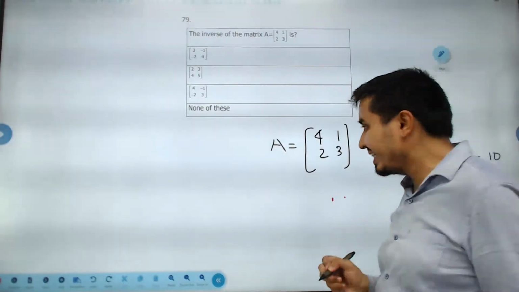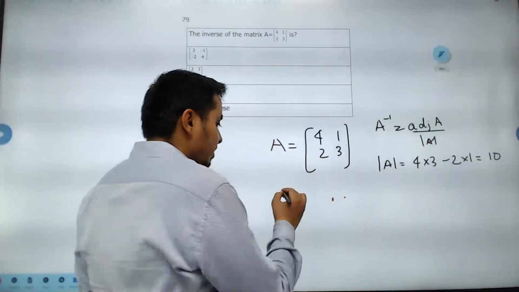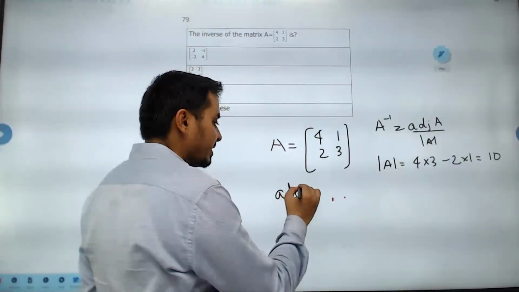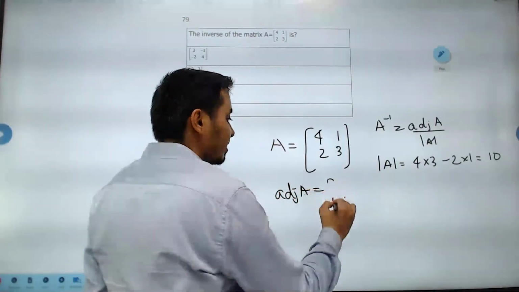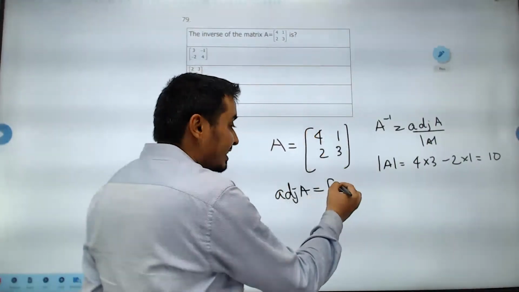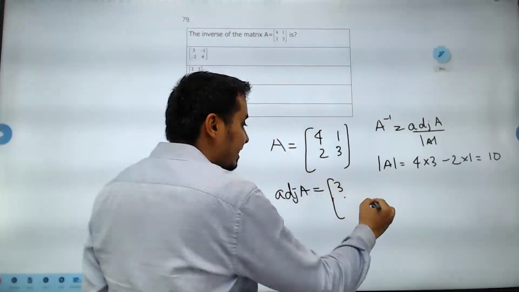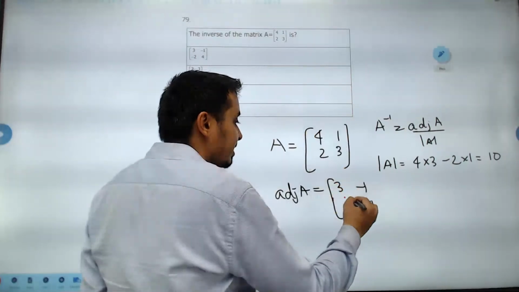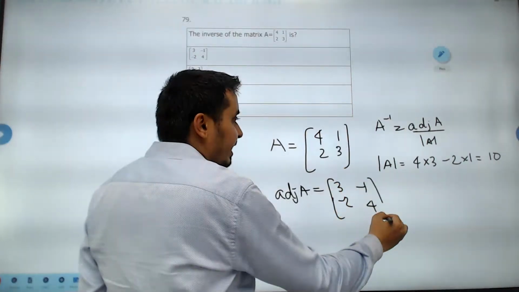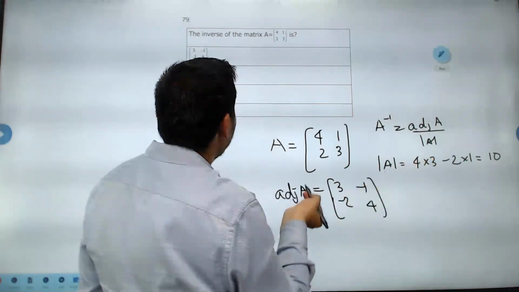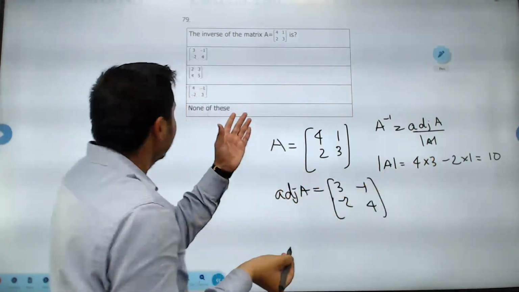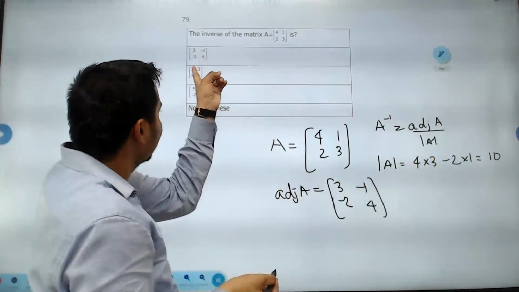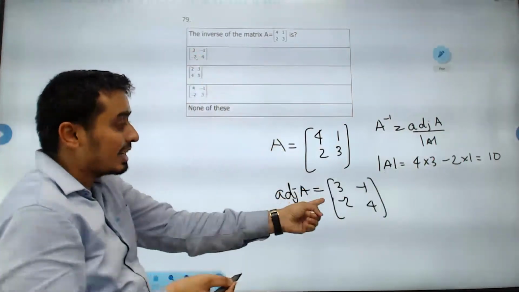Okay. How do you find the adjoint of an order 2 matrix? There's a short method for doing that, right? We just interchange the places of the principal diagonal elements and reverse the sign of the remaining elements. And this, if divided by 10, you get the inverse. So you can see there's no such option here. The closest that you have is this, but then this has to be divided by 10, right?